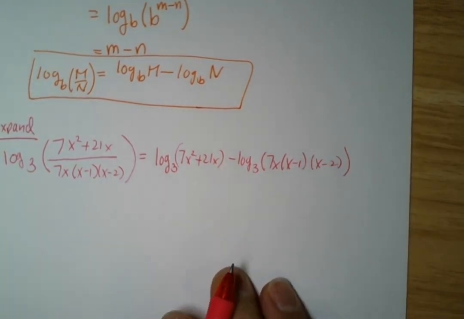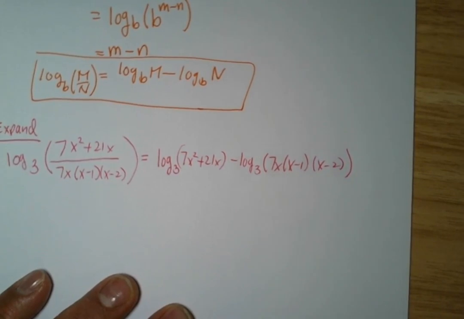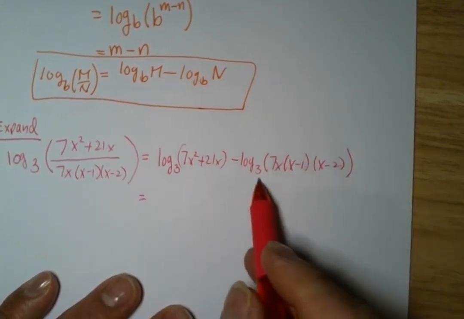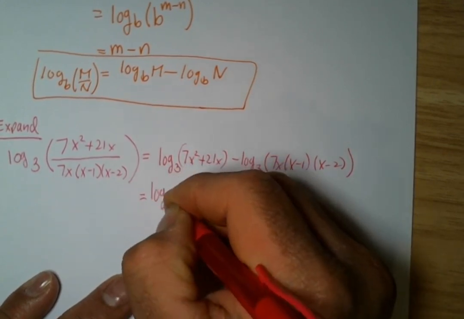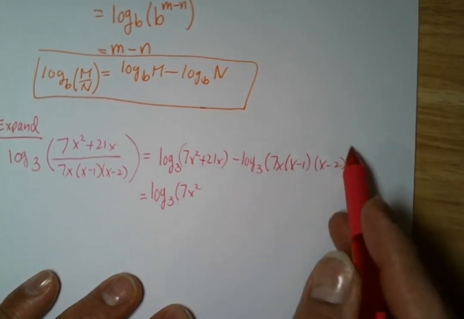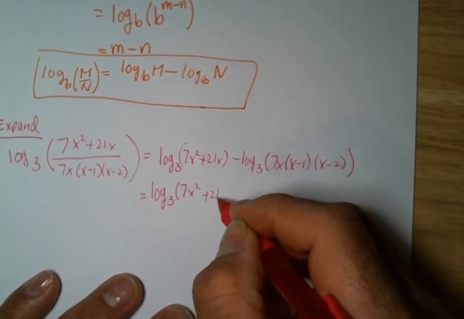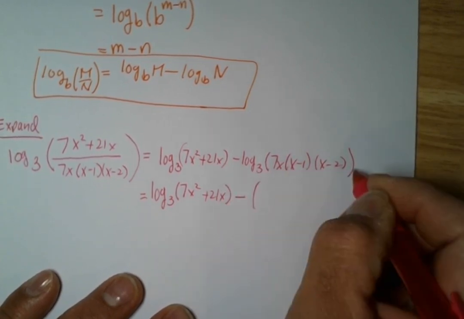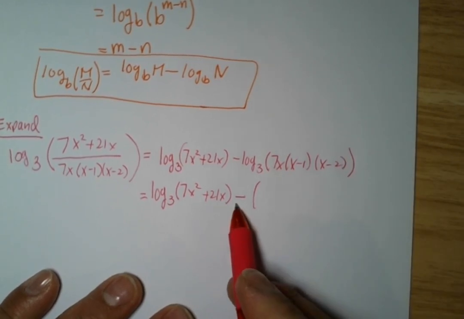Okay, now I'm not done expanding, right? When I say expand completely, I mean as much as you can apply here. So I'm going to work on this side here. Now we do have to be careful here. So watch your negative sign, right? So it's negative all of this quantity. So we do have to be careful as I further expand this, that I have a product rule here, and that product says plus, but don't forget outside there's a minus there, okay?